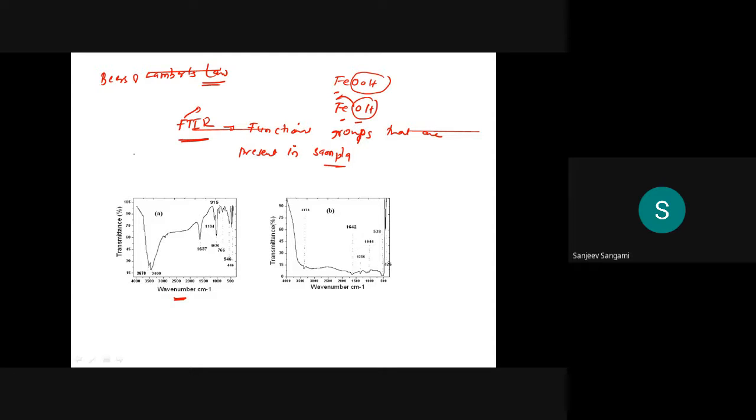What is this Beer-Lambert's law? How exactly is it defined? It says that absorbance is directly proportional to the concentration, or transmittance is reciprocal of the concentration.